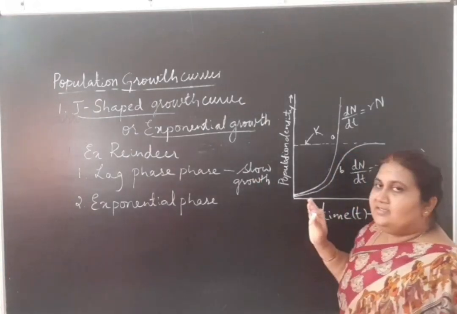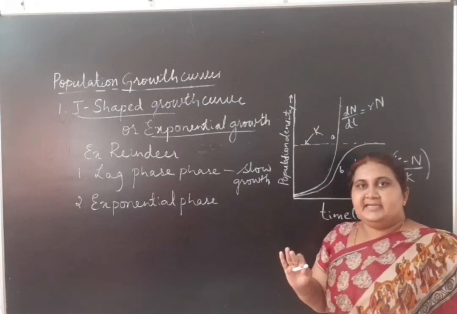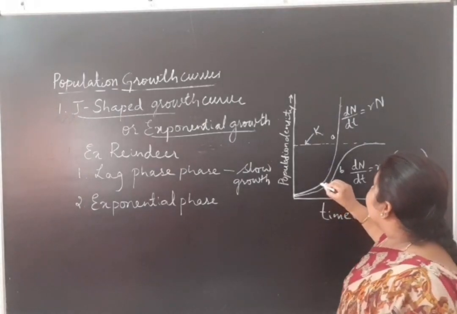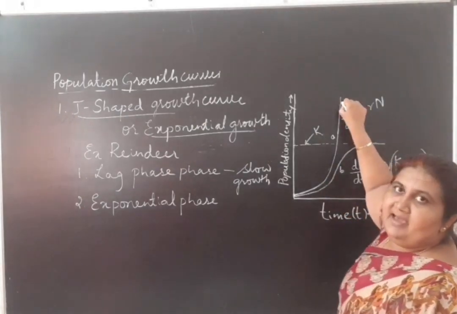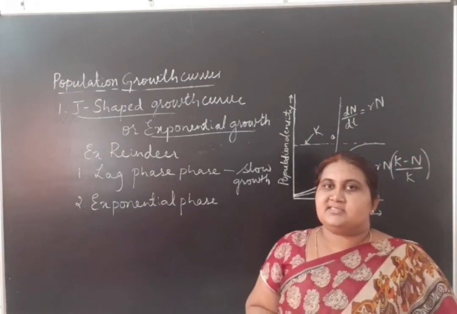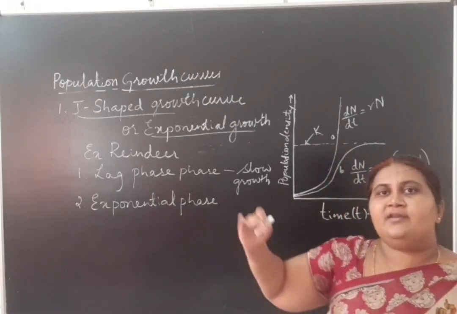Okay, so when the individuals have adapted, resources are plenty, and the individuals of the population start reproducing in an exponential manner, and the population size reaches the maximum. Up to a certain level, the population size goes on increasing.